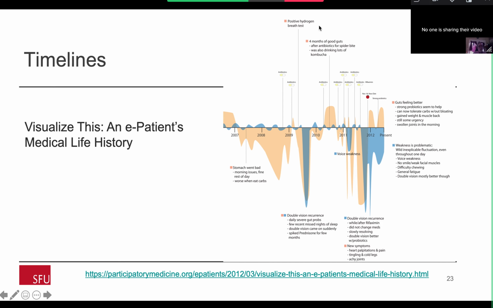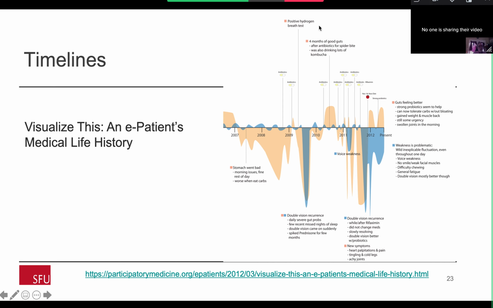Their digestive system isn't working well, and they have some kind of weakness. They're feeling generally sick, and this is a plot of the log that the patient has kept for their feeling of gut upset and weakness, presumably as a result of gut upset, because commonly they interact with each other.